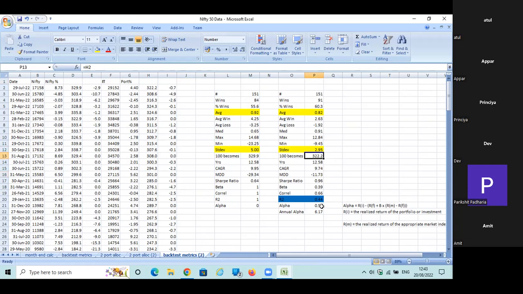But what you achieved is a higher Sharpe ratio. Earlier it was 0.64, now it is 0.96. And you have the same returns, your beta is reduced considerably, and your R square is only 44%. And even though your returns are same, your risk adjusted returns are increased dramatically to 6% or 0.5% per annum per month.